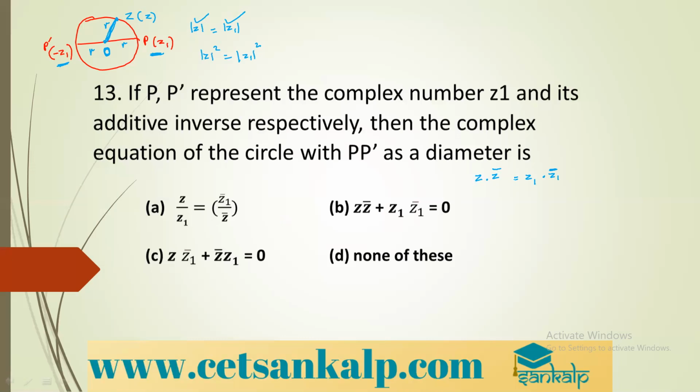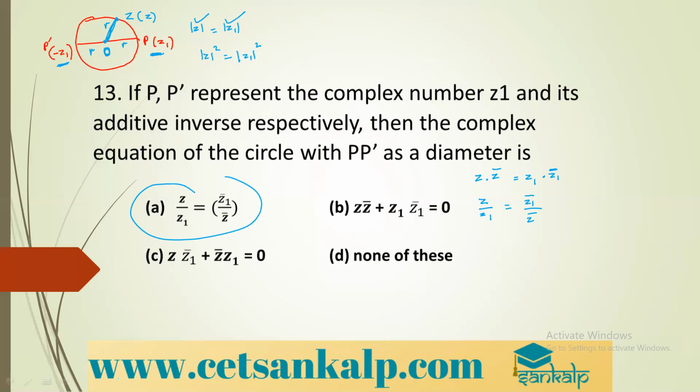They are same. So if I want to rearrange this, I can write Z by Z1 is equal to Z1 bar by Z bar. So that means I got option A. After rearranging, I can take option A as my answer.